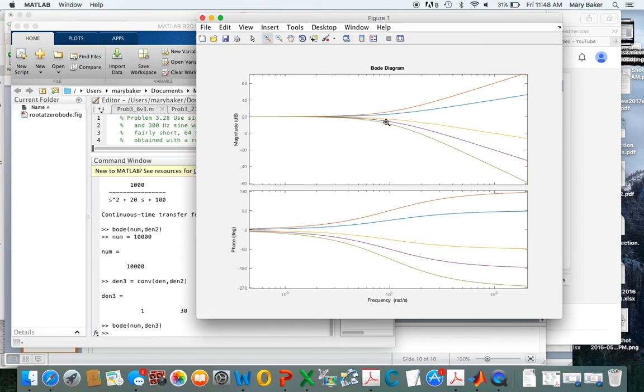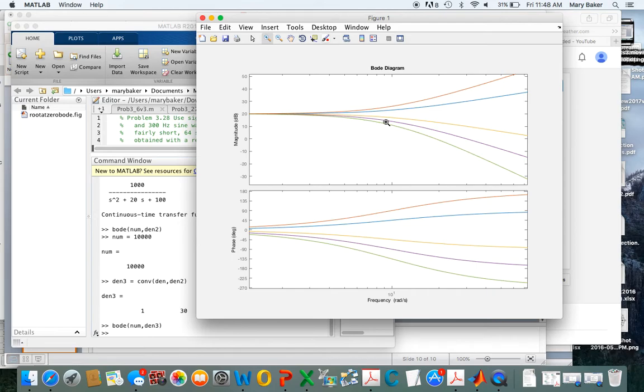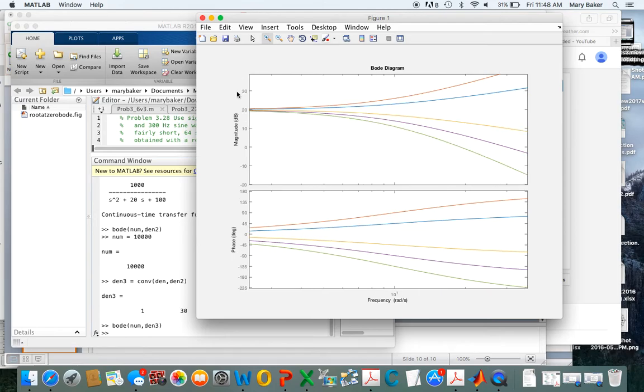Let's see if I can expand this a little bit. Okay, so if you were to take a straight line here, right here you can see your 3 dB point is about right there. So to get the cutoff of the second order filter, I'm going to have to draw a horizontal line. And you can see that bumps back quite a lot. And the third order filter is bumping back quite a lot more.